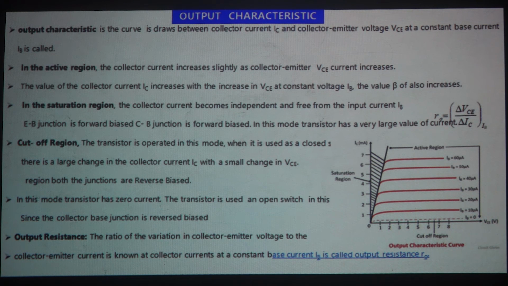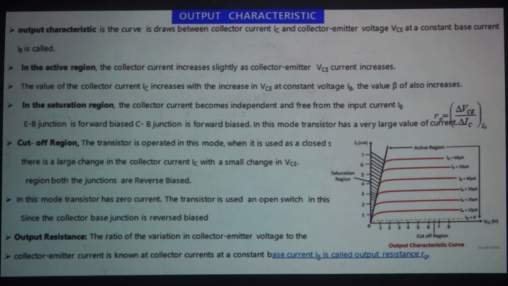Now in the saturation region, the collector current becomes independent of the input current IB. In this case, the emitter base junction is forward biased and the collector base junction is also forward biased. So in this mode, the transistor has a very large value of current.